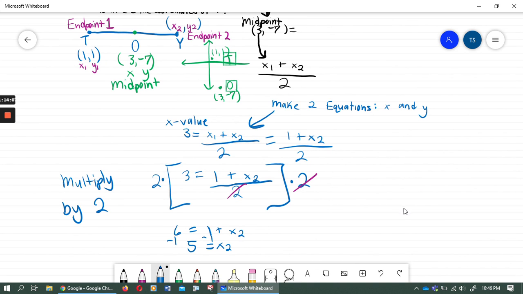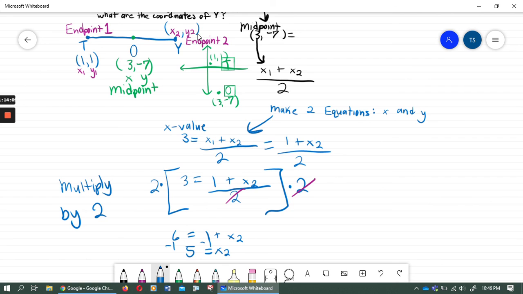So we've got half of our answer right now, because what we're looking for is the whole coordinate for that endpoint 2.